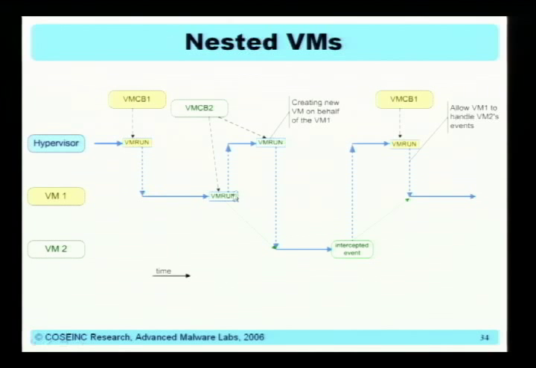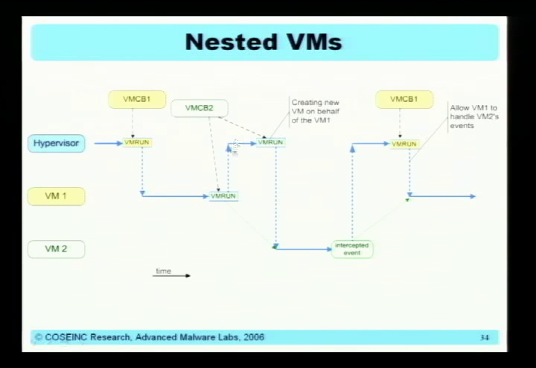So it first creates VMCB number 2, but instead of creating a virtual machine, we are going back to the hypervisor, because the hypervisor intercepts any vmrun calls. Vmrun is another example of events which can be intercepted. We can intercept any vmrun calls.